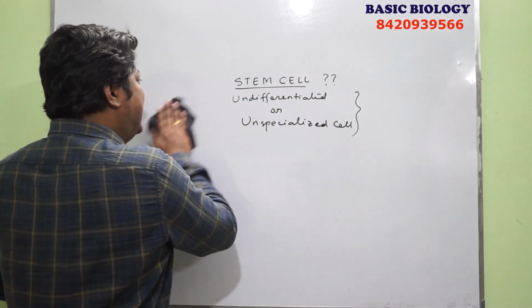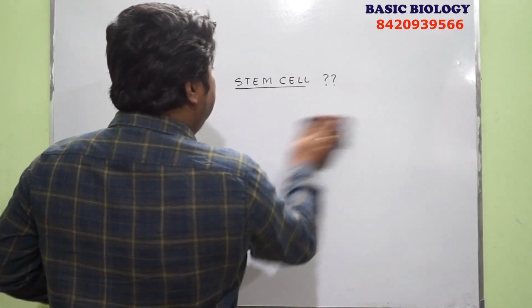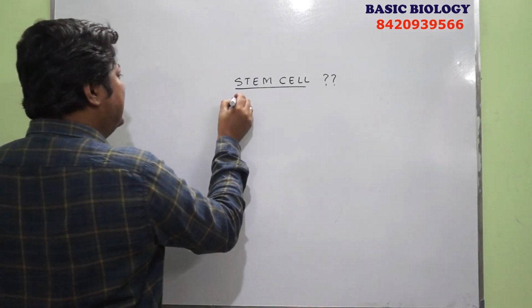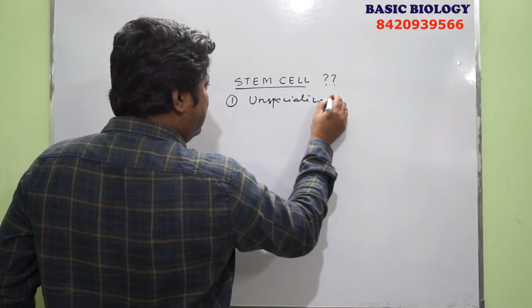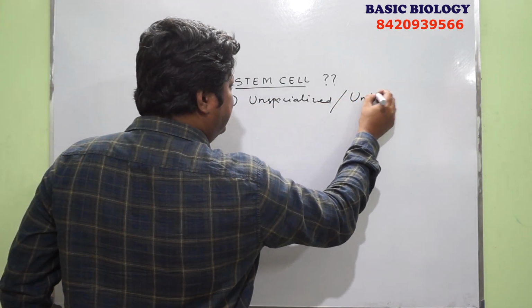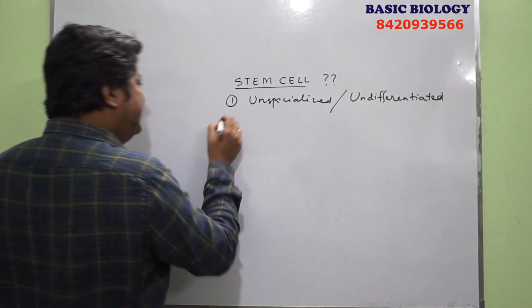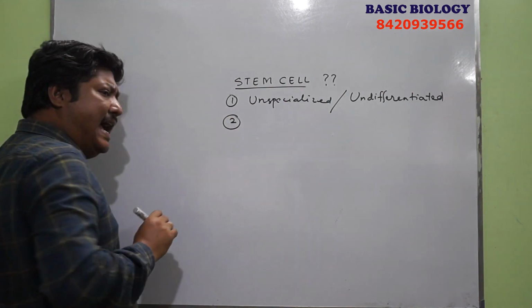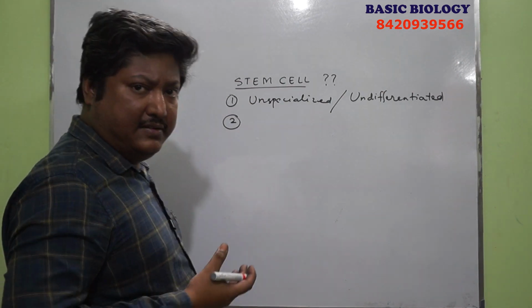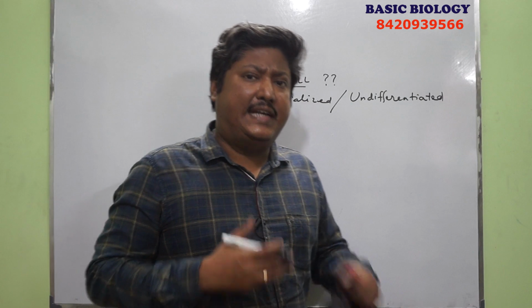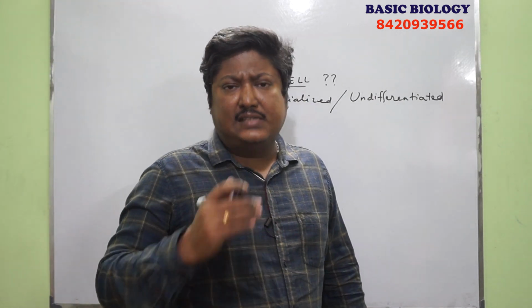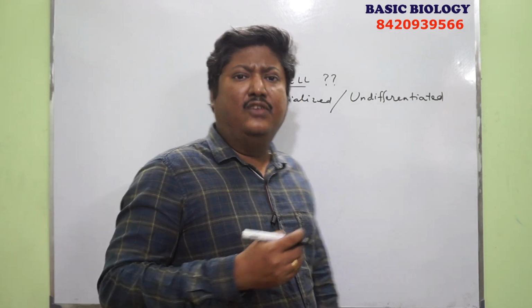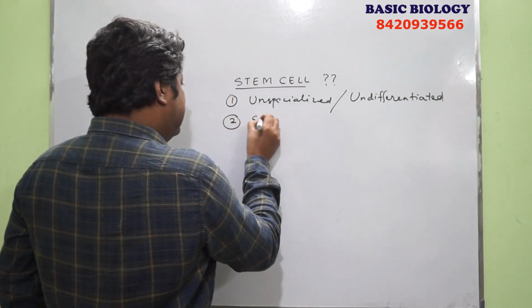So the stem cell has three distinct properties. The first one that I have discussed, that is unspecialized or undifferentiated. The second one, it has the self-renewal ability. That means the stem cell when damaged, it can regenerate by itself. So it has a self-regeneration or self-renewal ability.